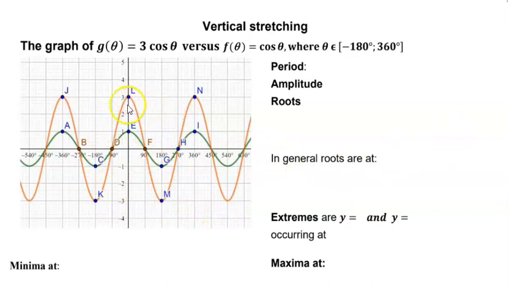We notice that if I look from J through K to L, and again from L to M to N, I get exactly the same shape and so forth. So in this case, if we measure from 0 to 360 degrees, we find we have the same period again of 360 degrees.